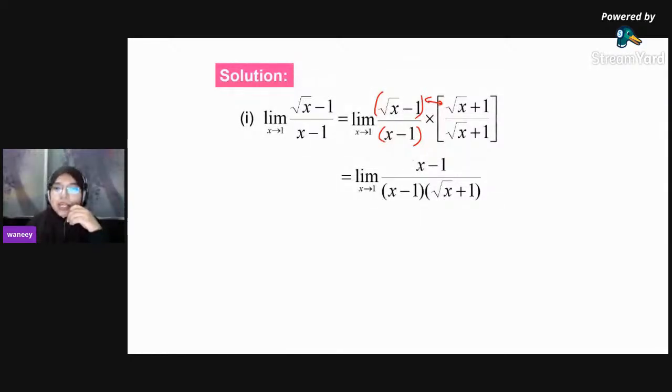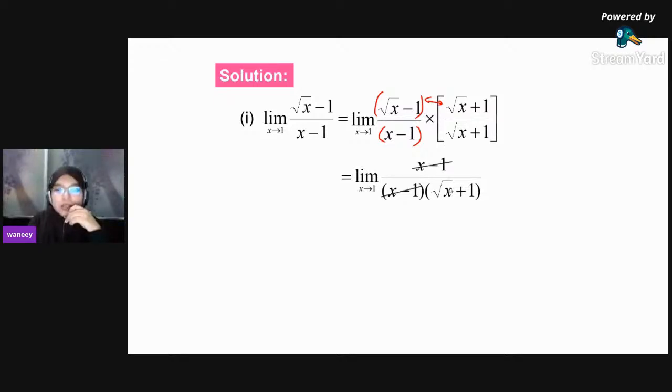So that is how I know this is x minus 1 over (x minus 1)(square root of x plus 1). And then, of course, you should be able to see there is something that can be cancelled out. So that is actually our aim, either to do factorization or multiplying with the conjugate. We simply want to cancel out the term that will give us 0 over 0.